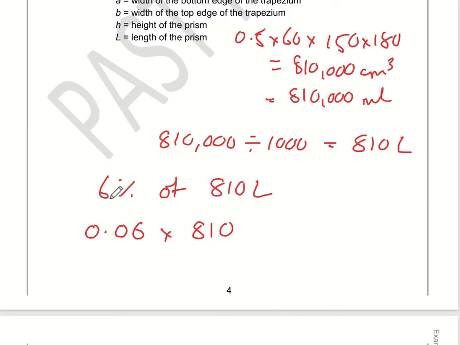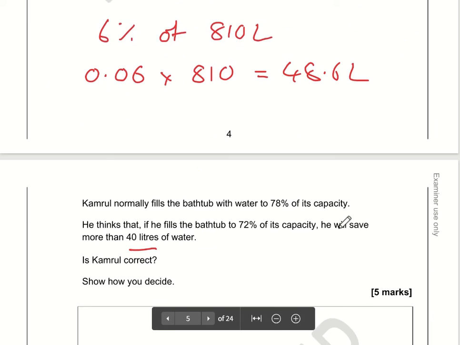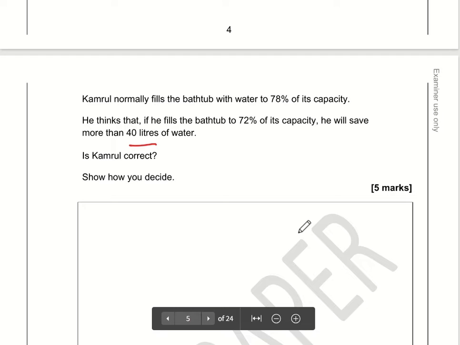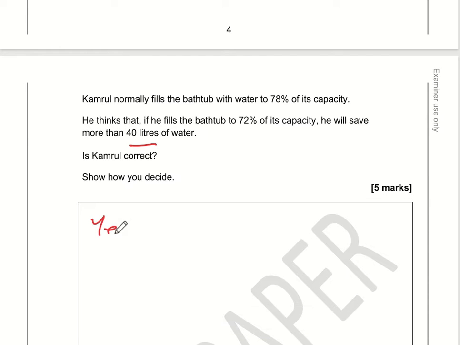That is the decimal equivalent of 6%. It's 6 divided by 100. And 0.06 times 810 is 48.6 litres. So, does he save more than 40 litres of water? Yes, because 48.6 litres is greater than 40 litres.